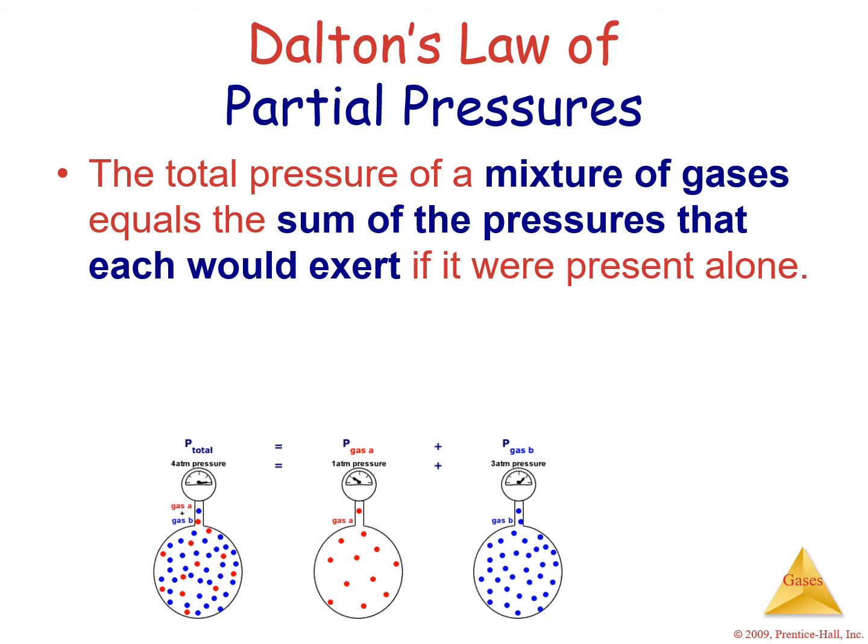So when you're dealing with a gas mixture, you can talk about partial pressures of each chemical component of that total pressure. The simple picture of the blue and red molecules demonstrates the addition of the partial pressures to make the total pressure.